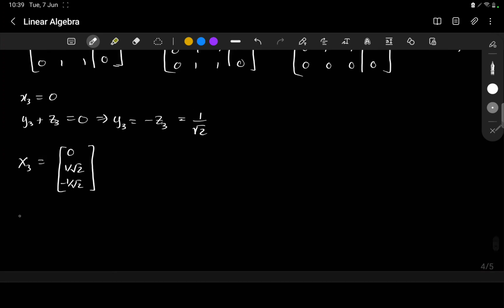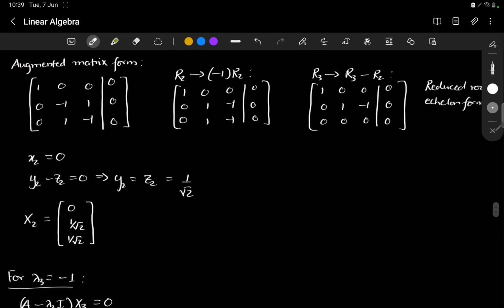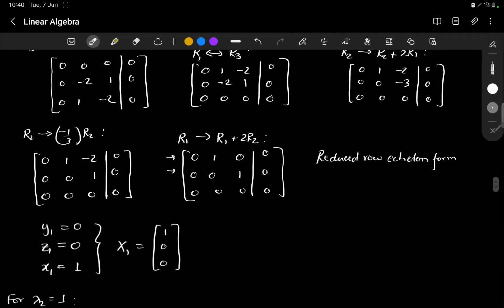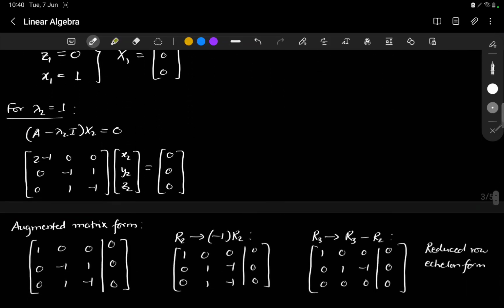So eigenvalues and the corresponding eigenvectors. So we have lambda 1 is equal to 2. Let me just check. Yeah, lambda 1 equal to 2, and this is x1.